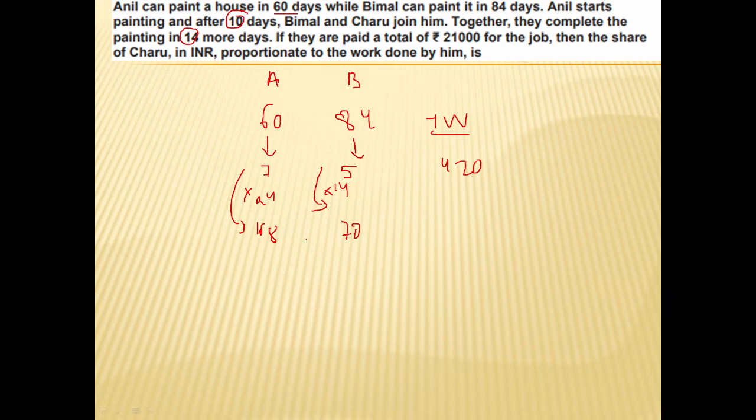And the remaining work, how much is left? 420 minus 168 plus 70. This much work will be done by Charu, who joins them, and together they complete the painting in this many days. So what will be the share of Charu? The share of Charu is the work done by him or her upon the total work, into the total amount paid to all the three.